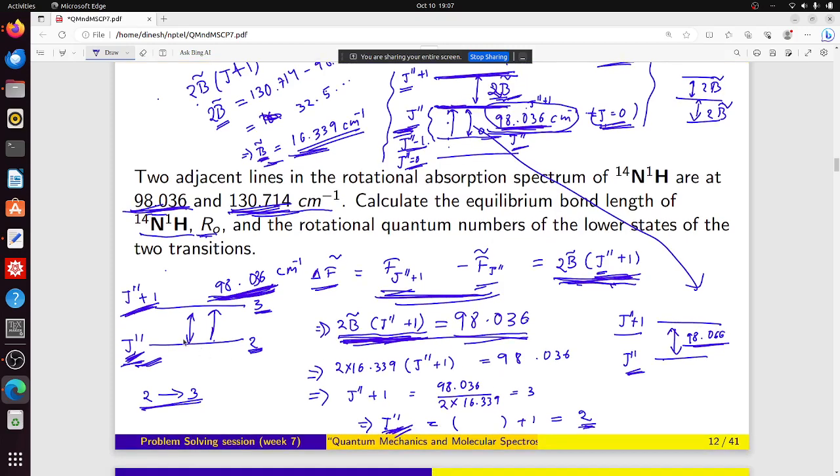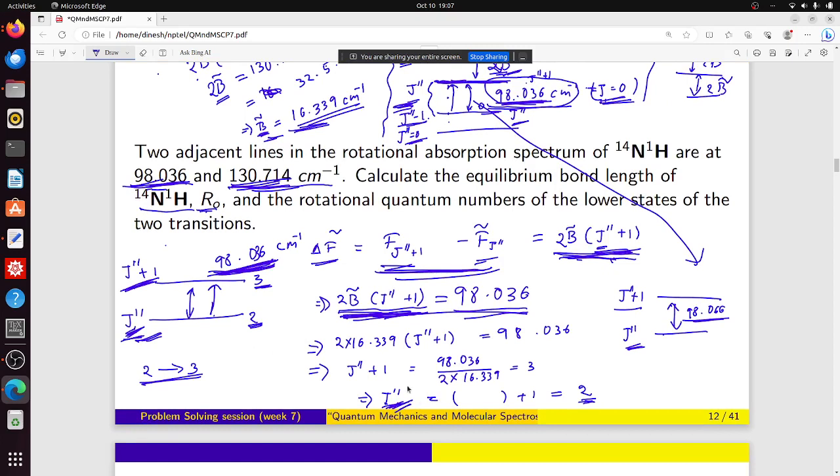I got j double prime to be 2. That means this transition is from 2 to 3. So this 2 to 3 transition is releasing 98.036 centimeters inverse in this line.